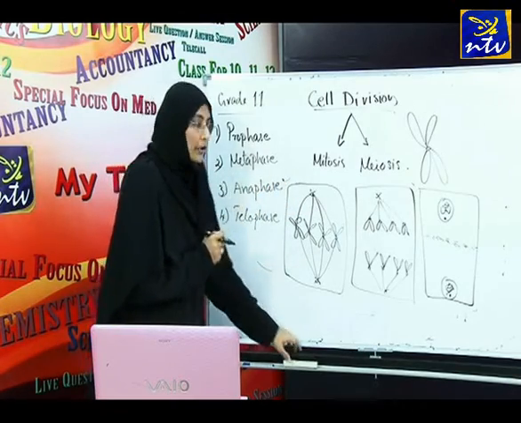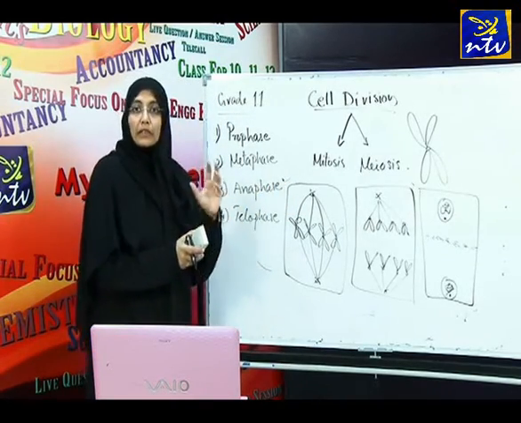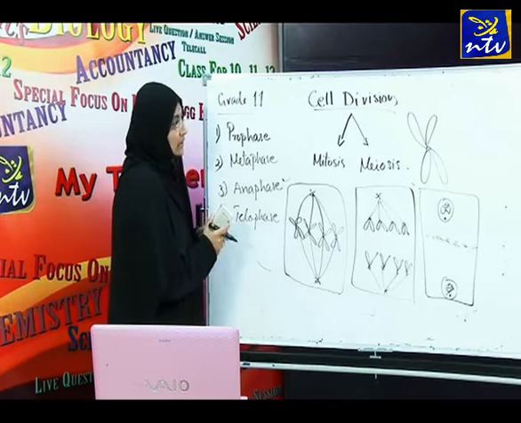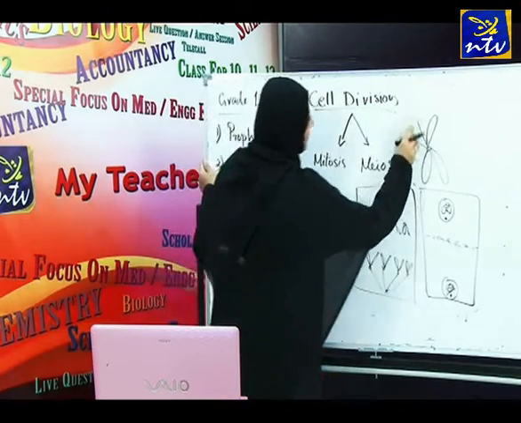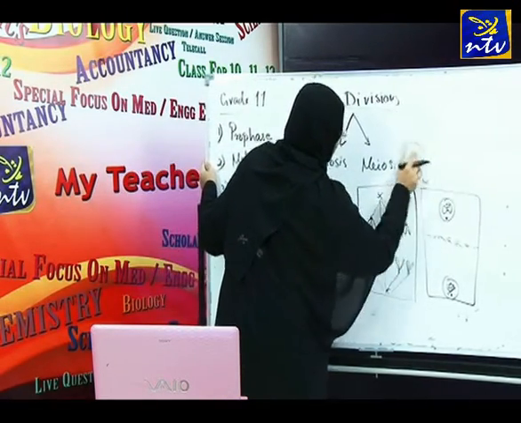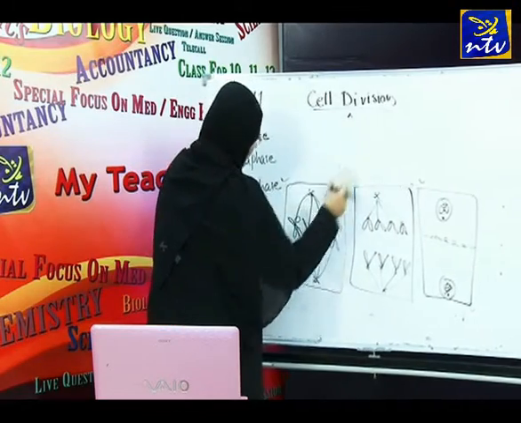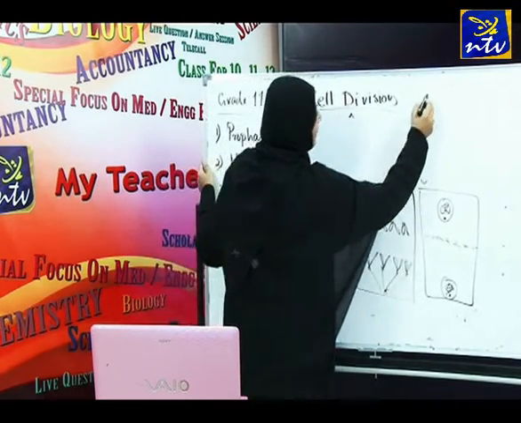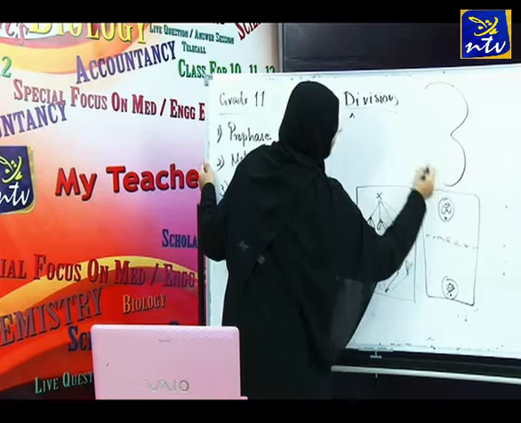Now in the case of animal cells, cell plate formation won't take place. Instead, in animal cells, a cleavage furrow will be formed.